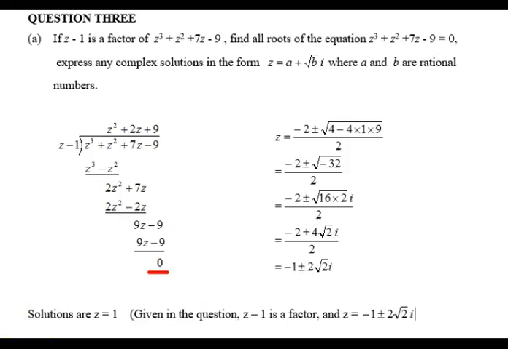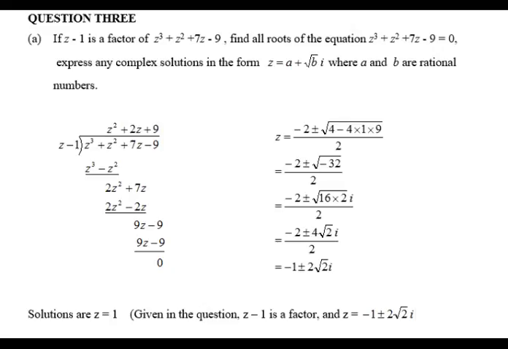Now, I'm going to come back to the z squared plus 2z plus 9, and I've got to solve that now. So from z squared plus 2z plus 9, I'm going to use the quadratic formula, negative b plus or minus the square root of b squared minus 4ac, over 2a. And that has come down.